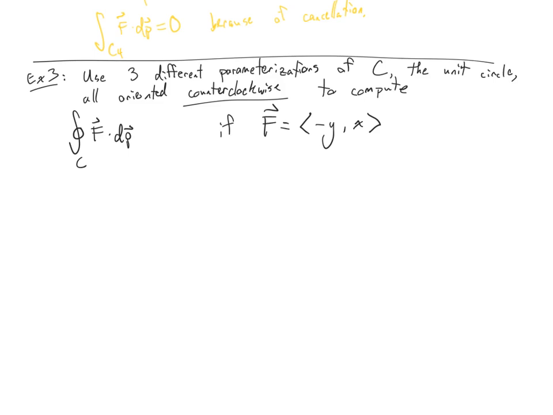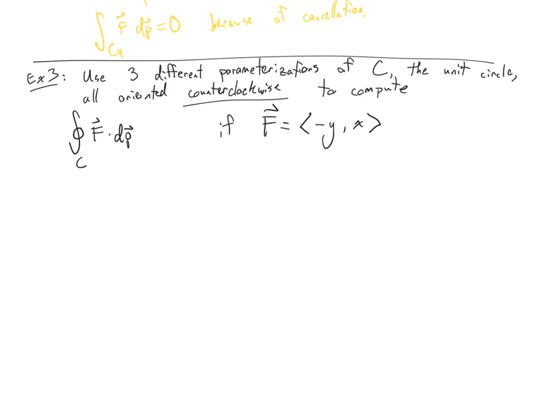Okay, so our next problem will be to use 3 different parameterizations of C, and C here is going to be the unit circle oriented counterclockwise. And what I want you to do with each of those parameterizations is compute the line integral of f dp along C, if f is this vector field that we've seen before, minus y, x.